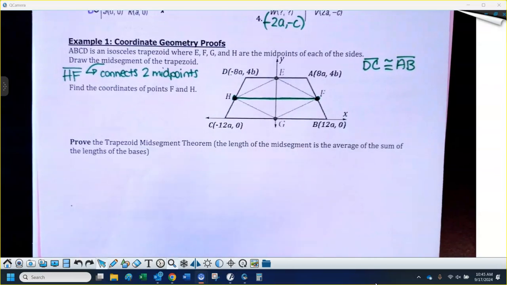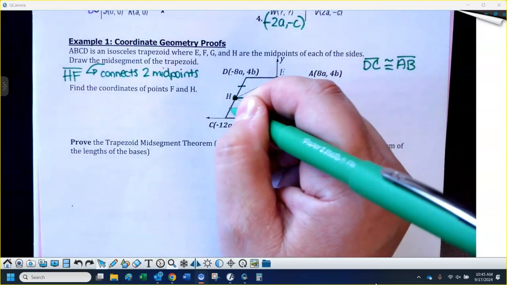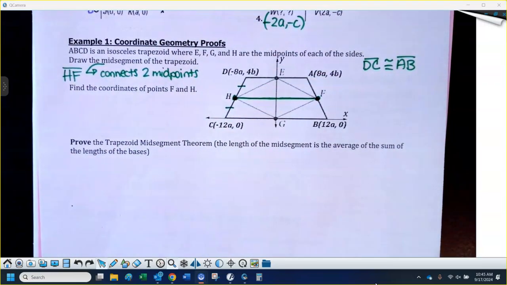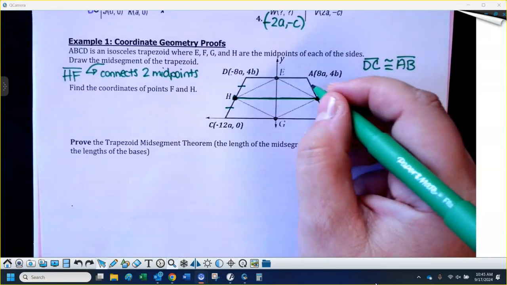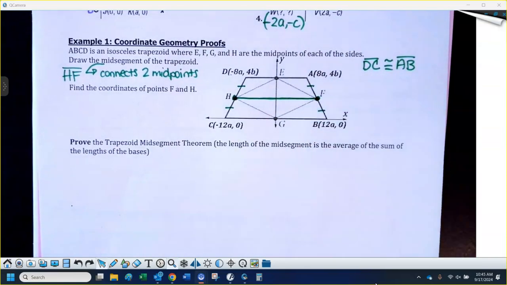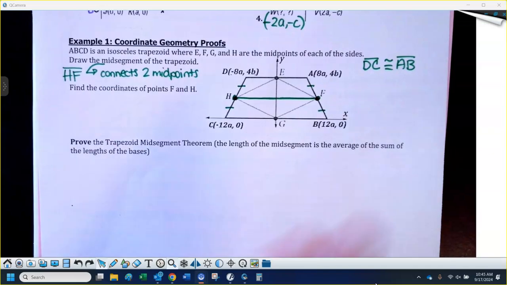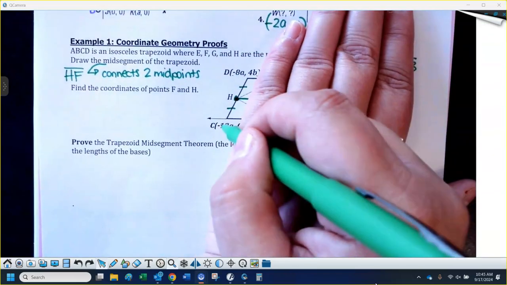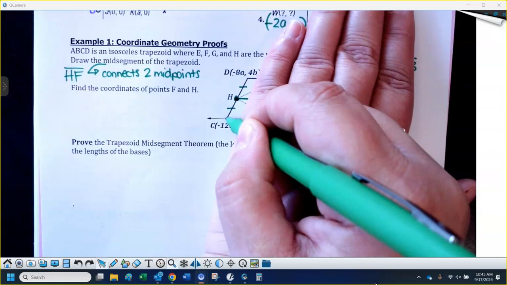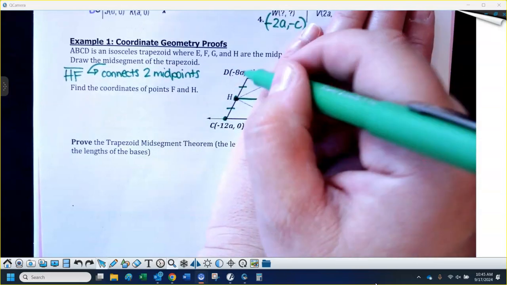All right, so remember, H is right in the middle of D and C, and over here, F is right in the middle of A and B. These are going to be similar, but they're on different sides of the X and Y axis, so we've got to think about that for a second. If I'm at H, the X coordinate of C is negative 12A.